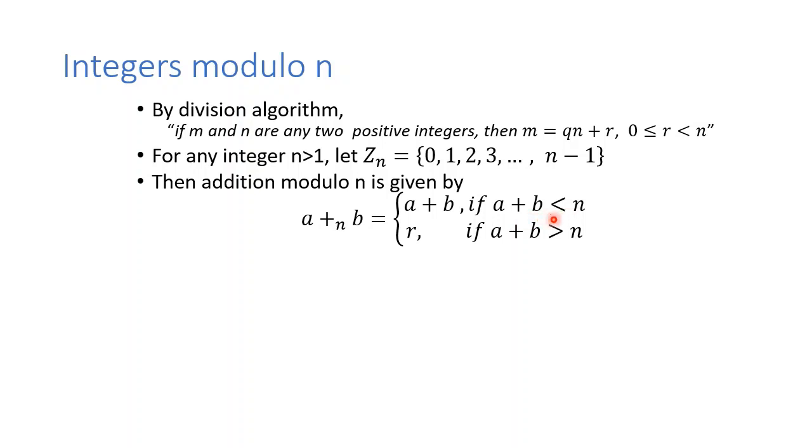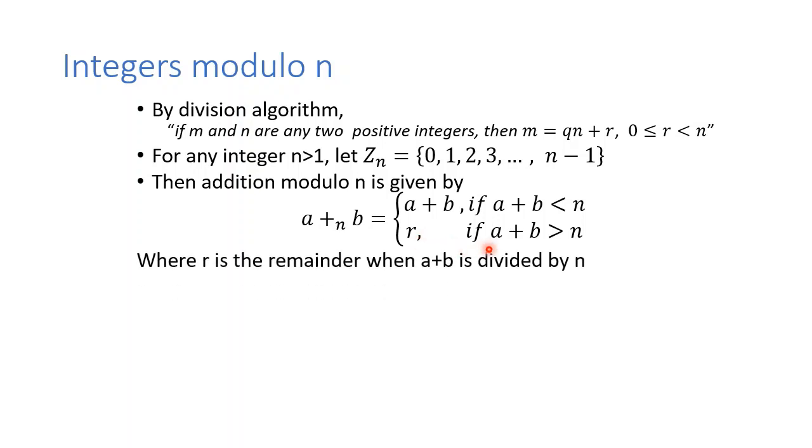Here the elements a and b belong to the set Zn. When added, if the number is less than n, you keep it as it is. Otherwise, you divide a plus b by n and get the remainder r and you use that value.